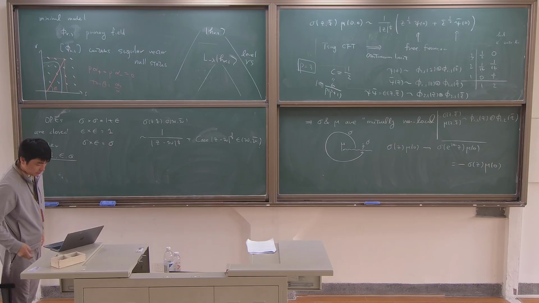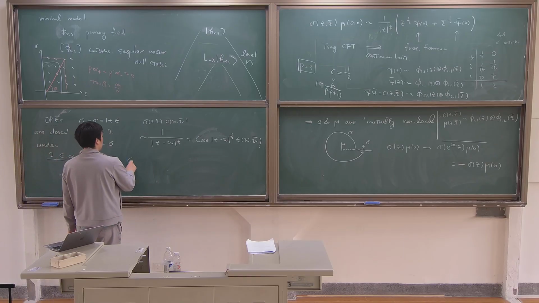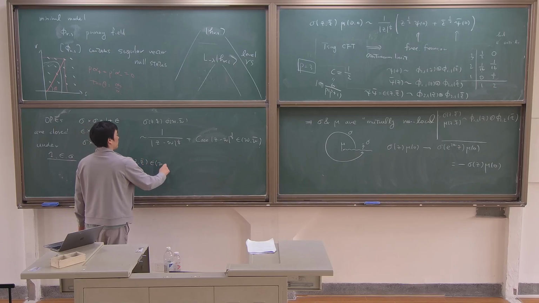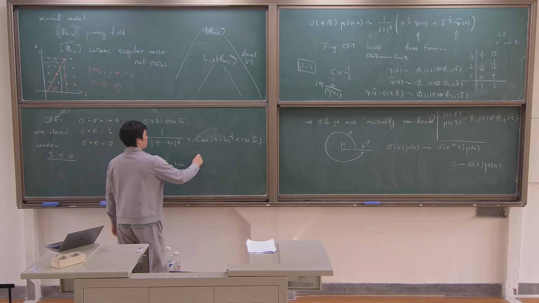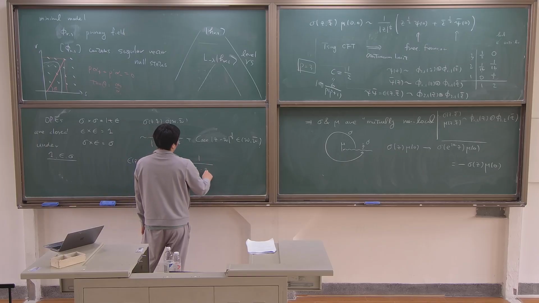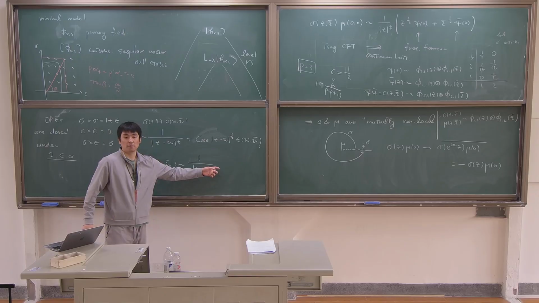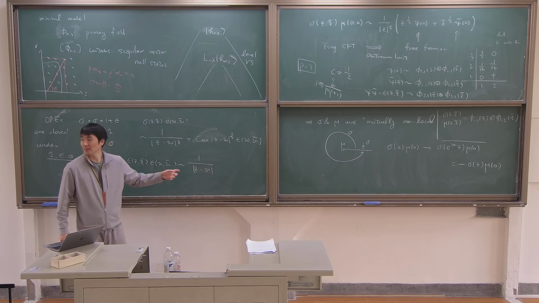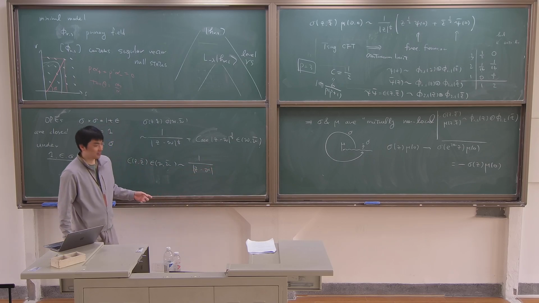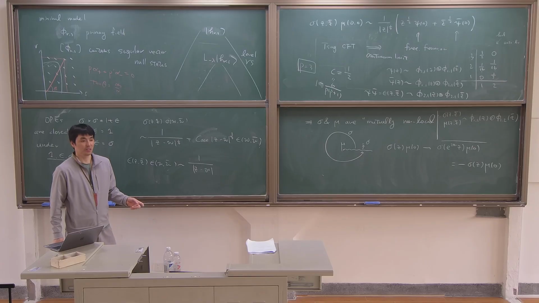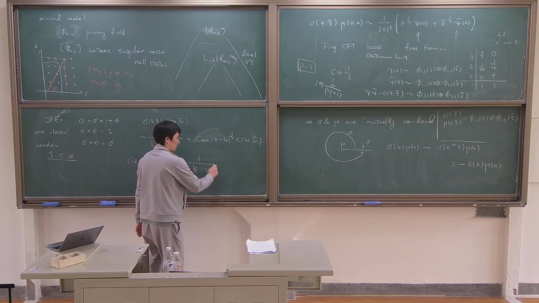And of course, epsilon of z and epsilon of w should be 1 over |z-w| to the power... what's the power here? 2, good, 2.